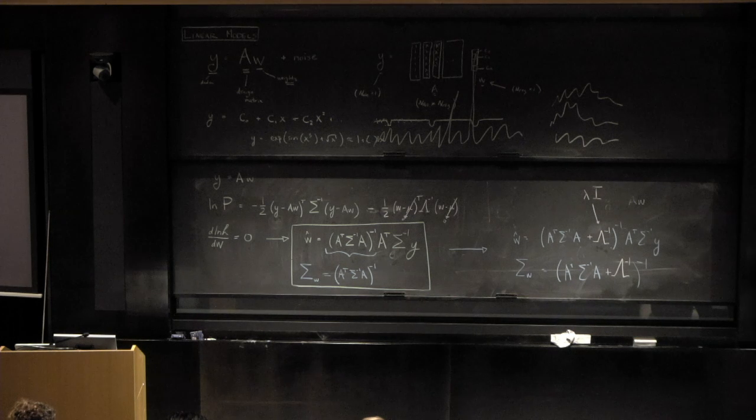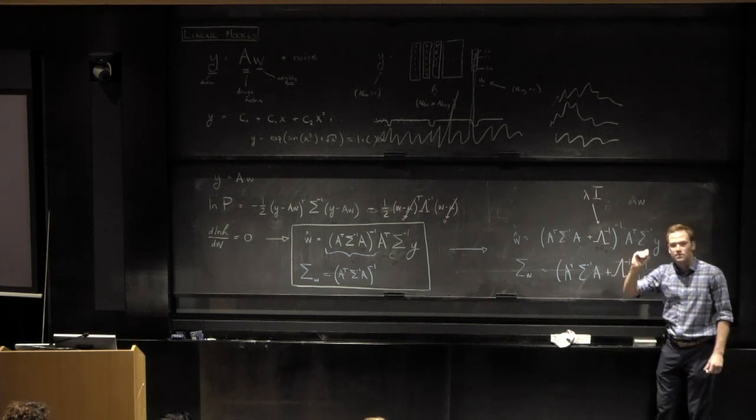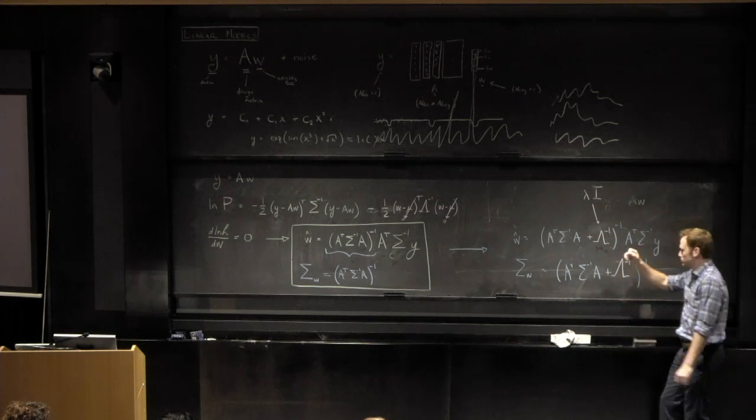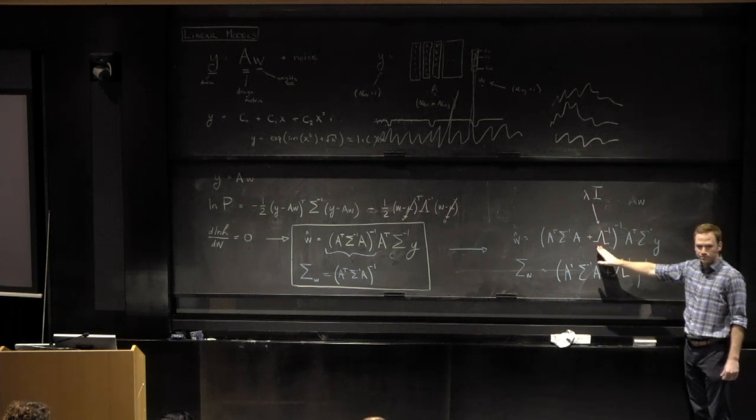That means that I'm putting the same Gaussian prior on all my parameters W. Or maybe it's a diagonal matrix and every parameter has a slightly different variance. It doesn't matter. Typically, this is a diagonal matrix.